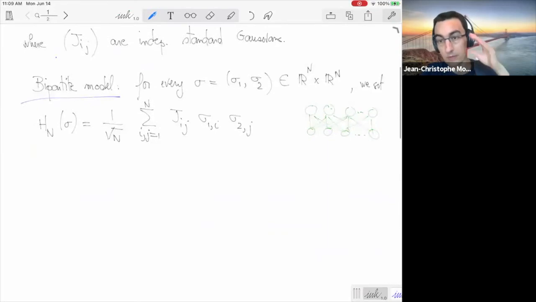So we want to understand the behavior of this energy function. And in fact, more than the explicit expressions I have just written, it's more useful to keep track of the covariance function for this energy.